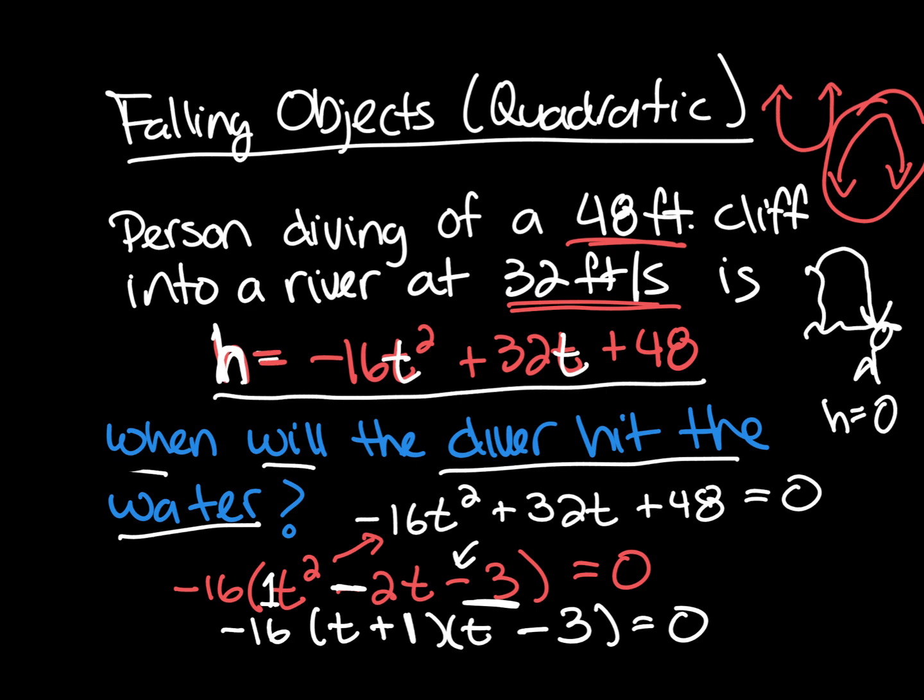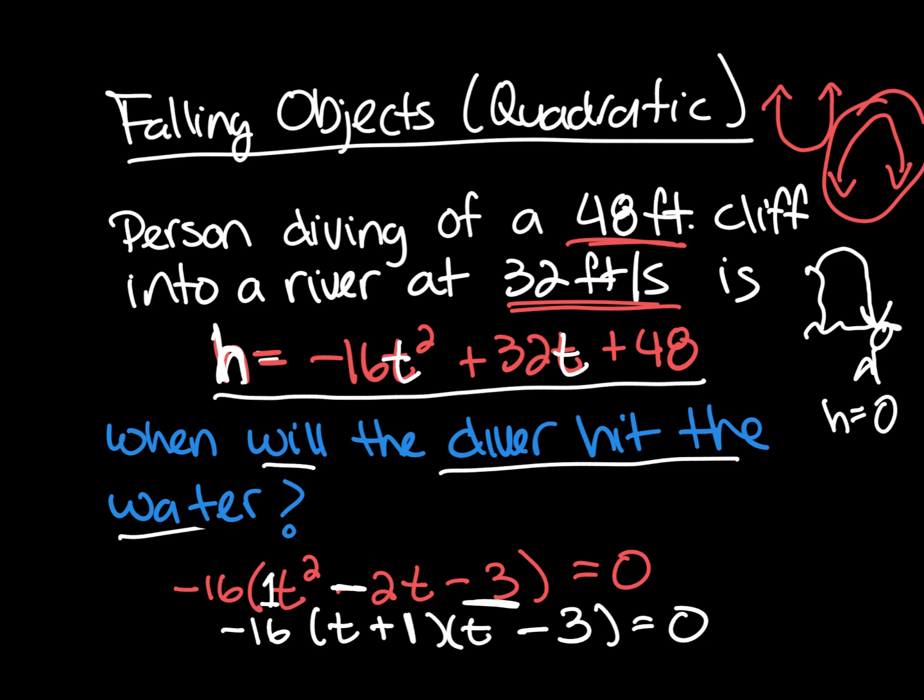But again, since we're solving, we need to go ahead and solve these. Negative 16 equals 0 is not a true statement, so we eliminate that. But t plus 1 equals 0 and t minus 3 equals 0.